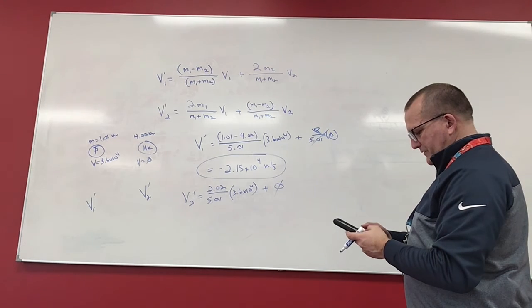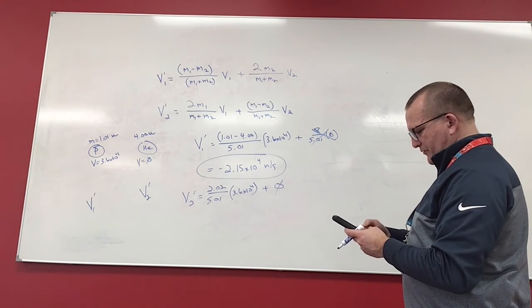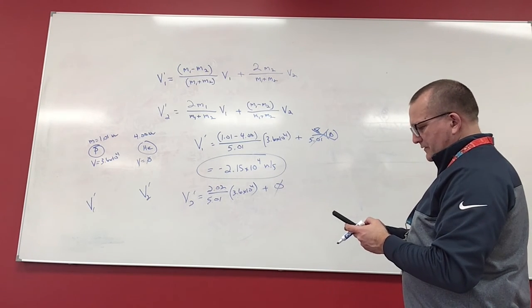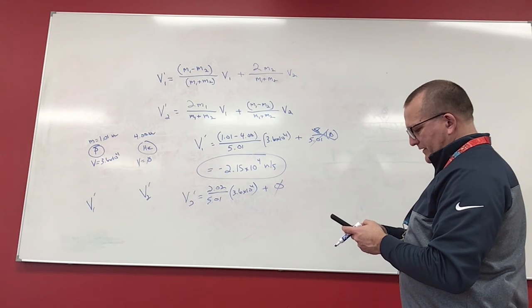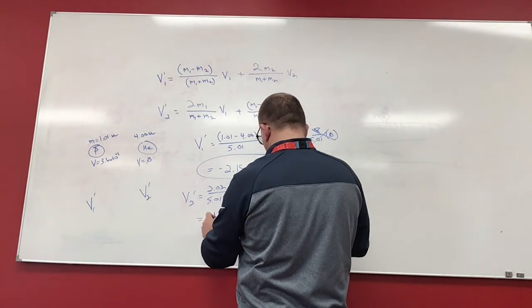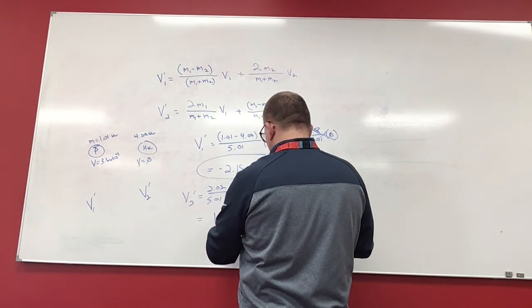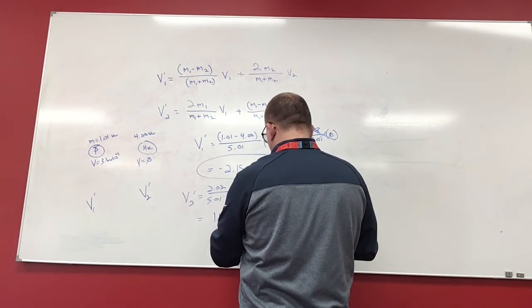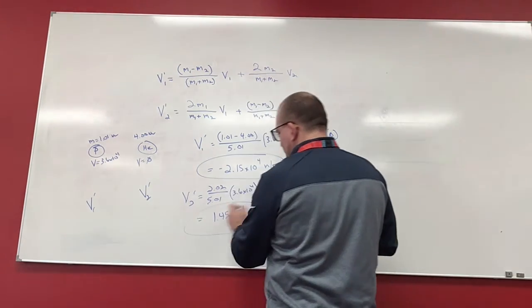So 2.02 divided by 5.01 gives me this, and I multiply that by 3.6 E4, and I get a velocity of 1.45 times 10 to the 4th meters per second, and it's a positive answer.